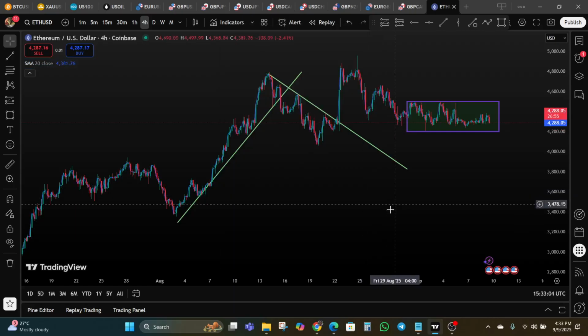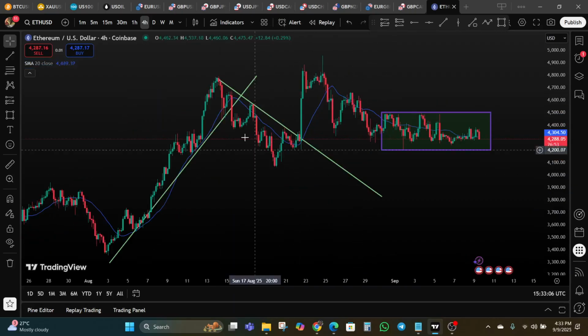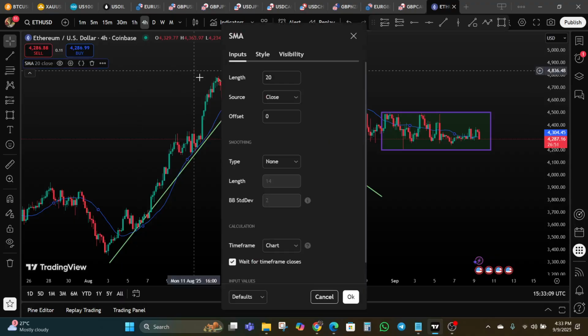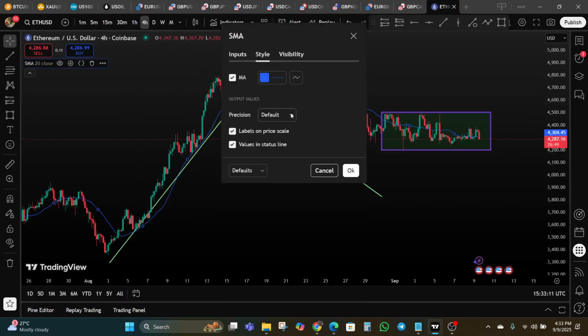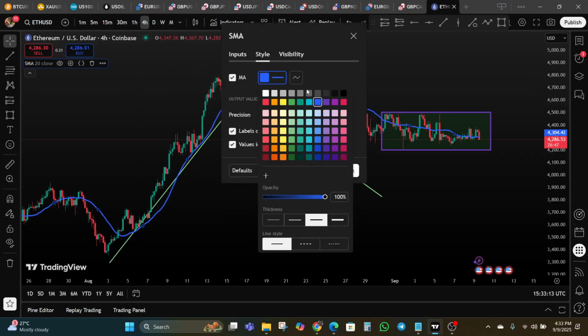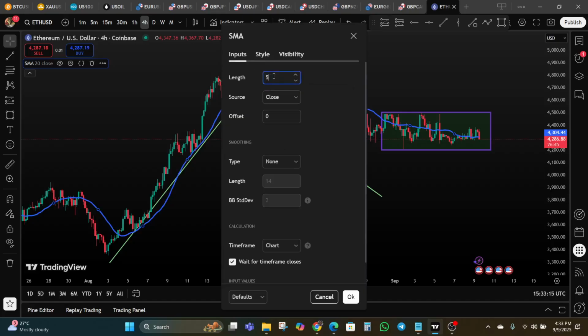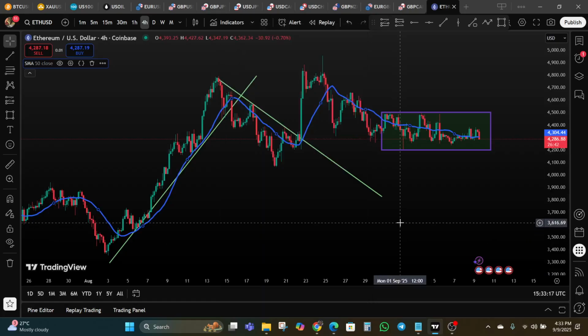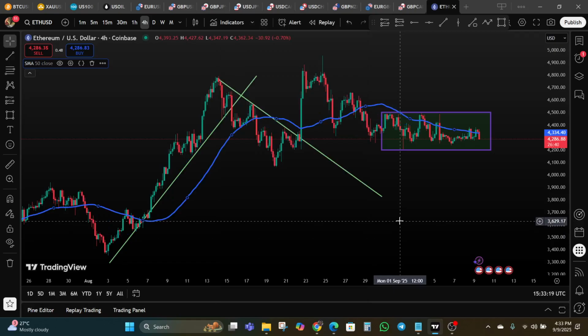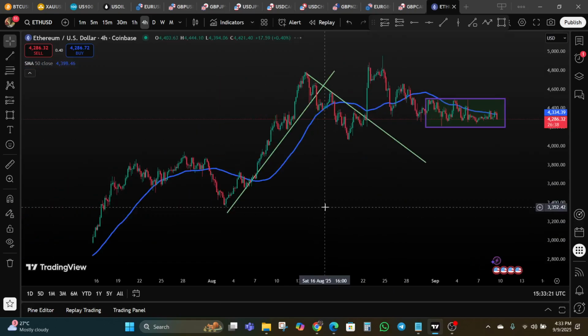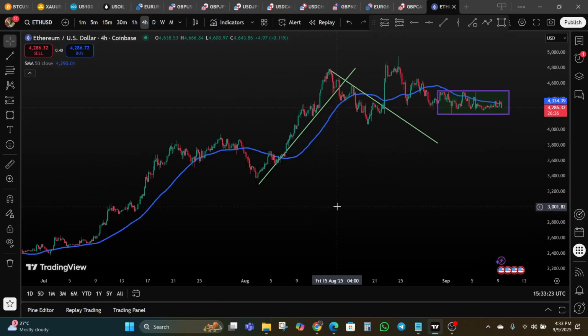So simple moving averages can also help you as a beginner to identify the prevailing trend in the market. Now, trading with the trend is one of the safest ways to improve your chances of making informed decisions.